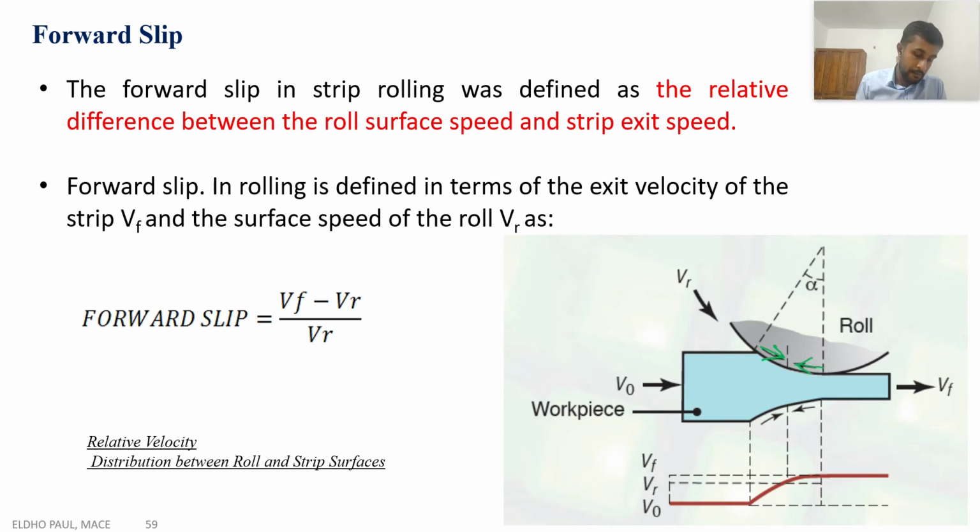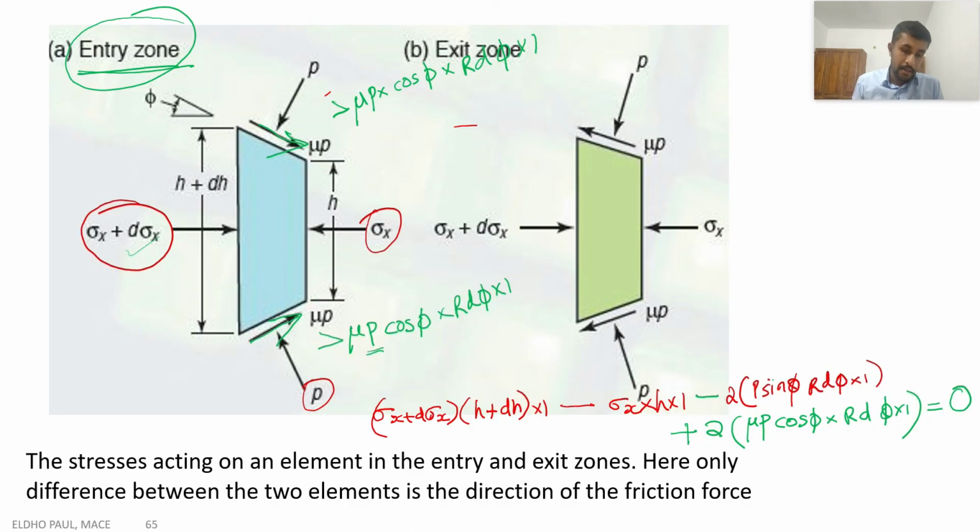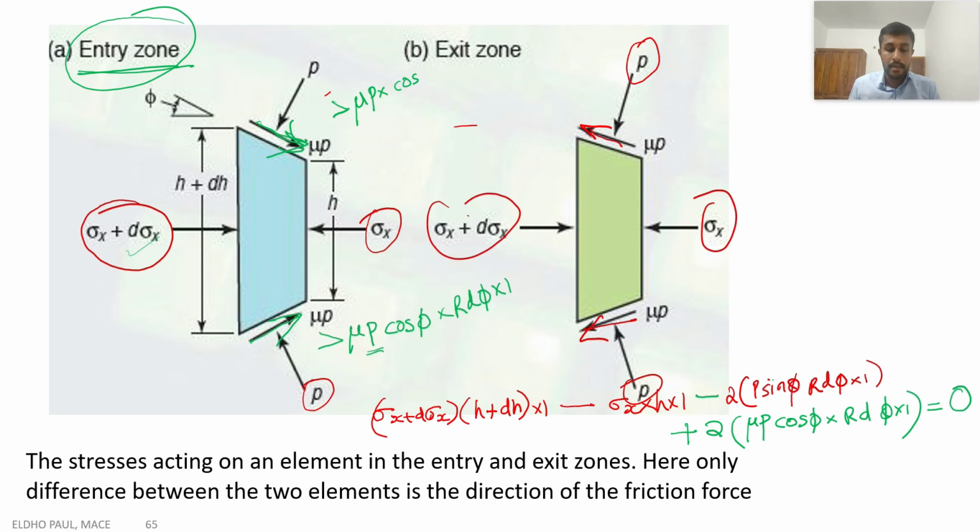The relative motion of slip is in the different direction, so here mu P is towards the right, but in the exit zone the mu P is towards the left. The direction is reversed. The remaining P and sigma x plus d sigma x, everything's direction is the same, but in the exit zone the only difference is that the mu P direction is reversed.